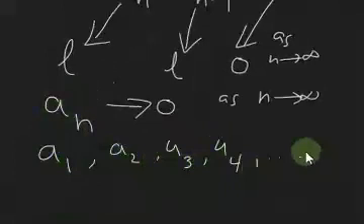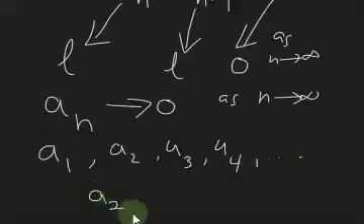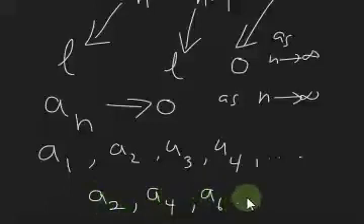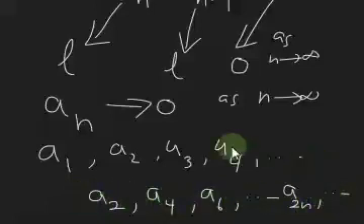If you consider the even terms, a sub 2, a sub 4, a sub 6, up to the general term a sub 2n, all even terms, this is a subsequence of the sequence.